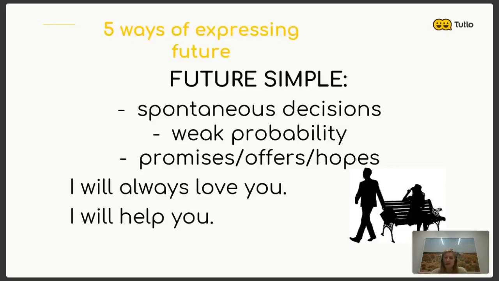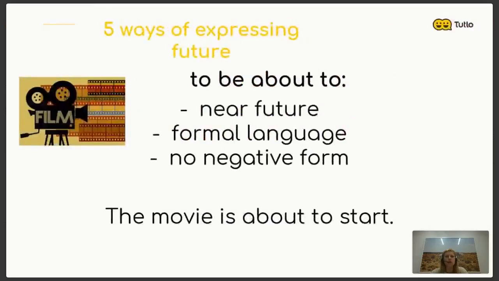And so far so good. So the second construction is to be about to. And the movie is about to start. This is not so common a structure, and we use it when we talk about near future. So if something is going to happen quite soon, and this is the first thing.